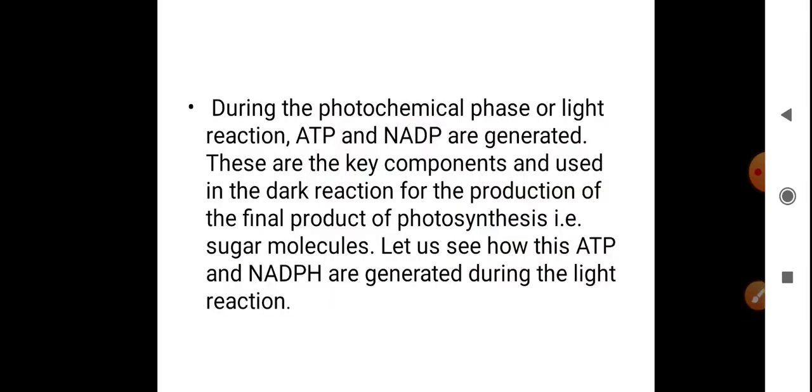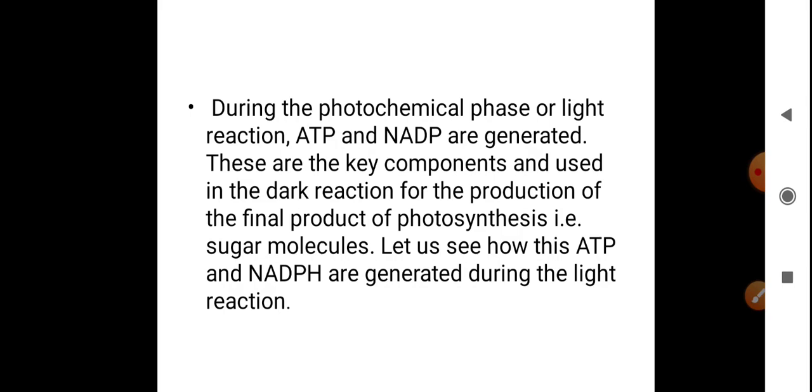Now we will discuss how this chemiosmotic hypothesis takes place in actual. As we know, photosynthesis is a very important process in plants. During photosynthesis, two phases occur: first is the light phase, second is the dark phase. The light phase is the phase in which the reducing power and energy currency, ATP and NADPH, are produced, which is later used during the dark reaction for the synthesis of sugar molecules.